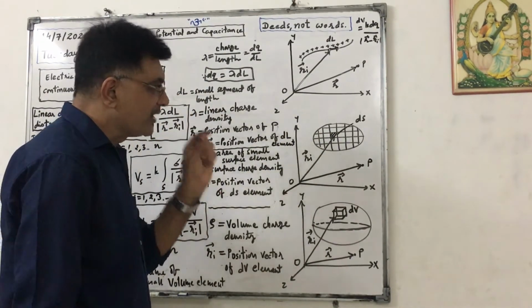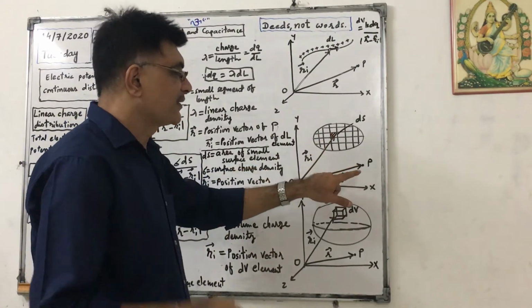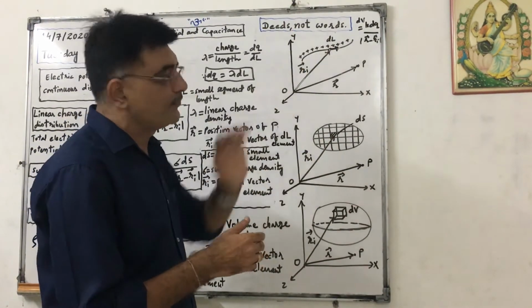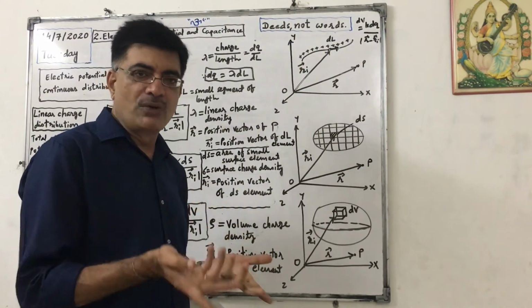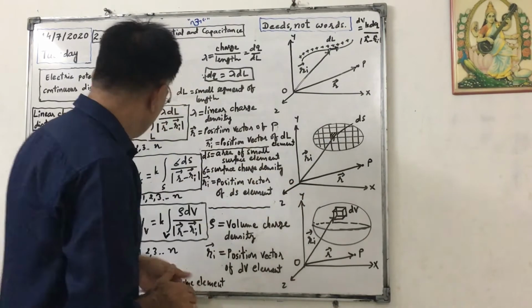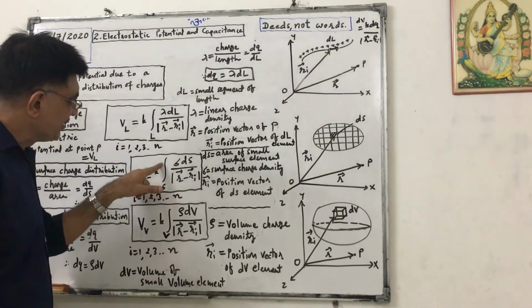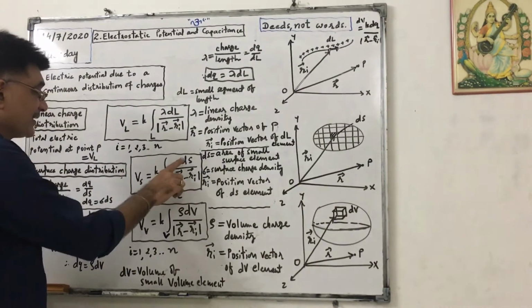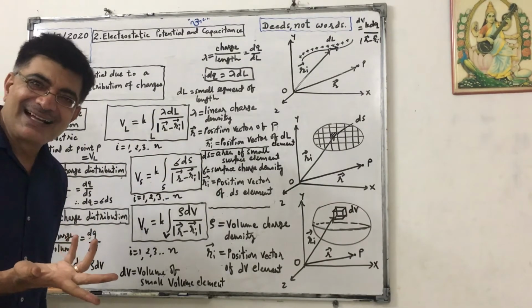Due to that small charge, the electrostatic potential at P will be, again according to this formula, k into dq upon mod of r minus Ri, and I have to integrate it, but that is surface integration. So this is the formula: K, surface integration, dq equals sigma ds, upon mod of r minus Ri.